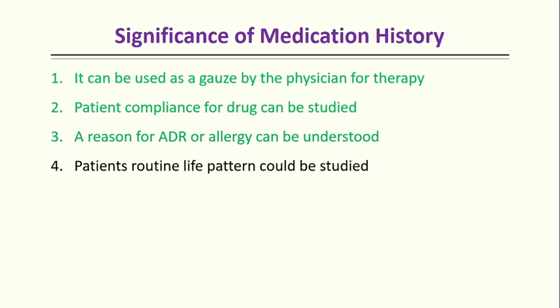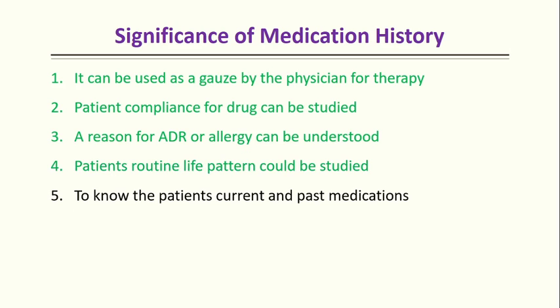Also, with the help of this medication history, the physician can get information related to the patient's routine life pattern, which can be studied with the help of the medication history. Also it helps to know the patient's current and past medication.